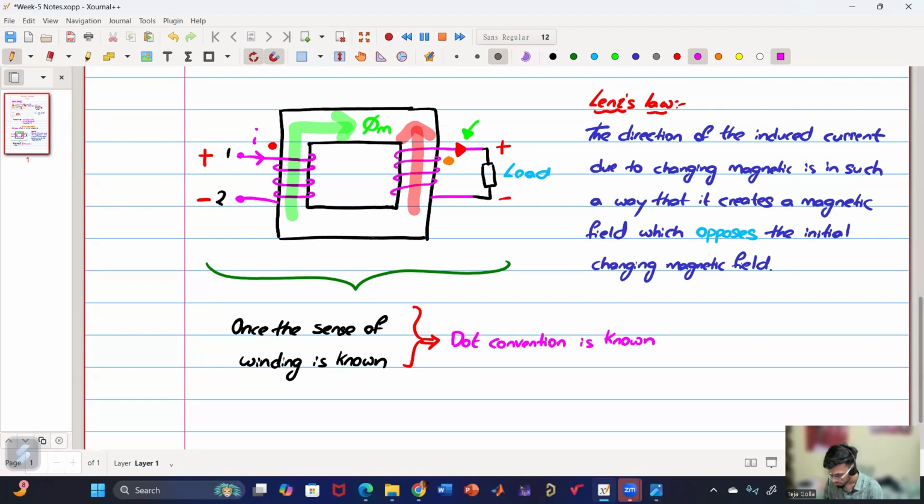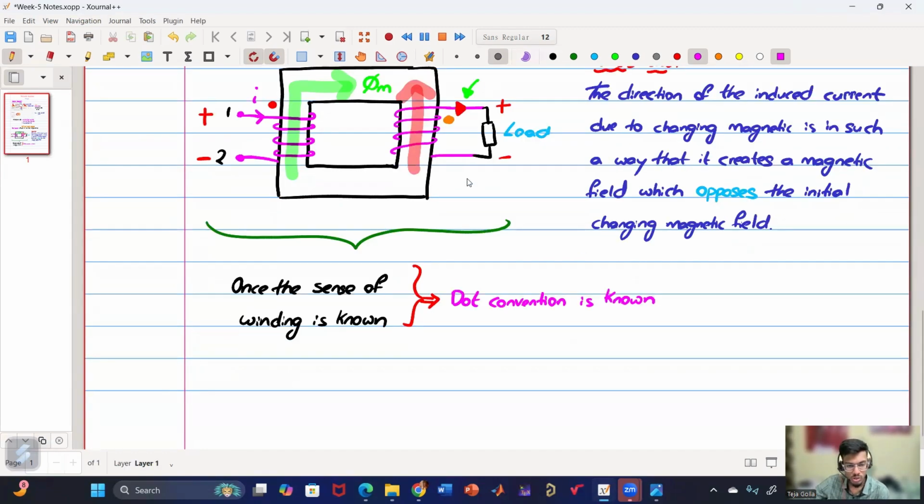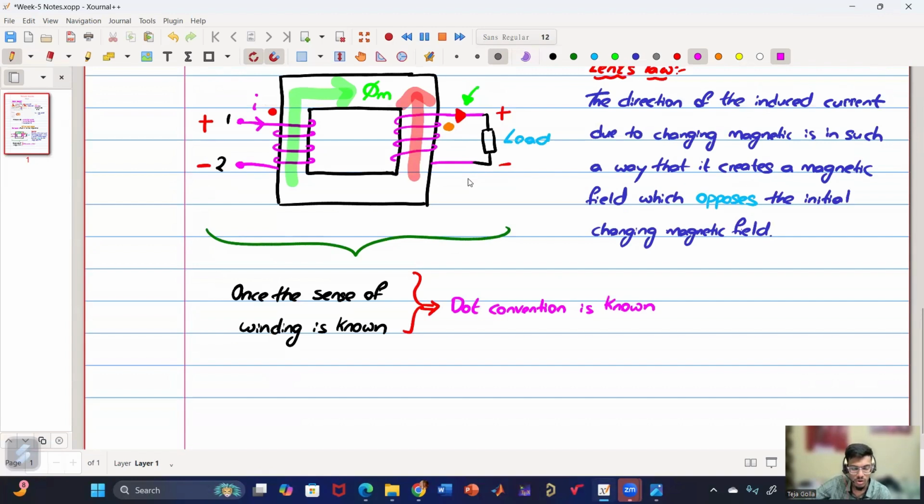Because now you know the winding, you understood that this is the dot convention.